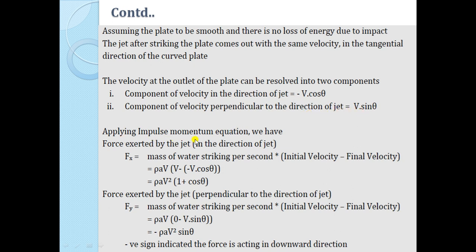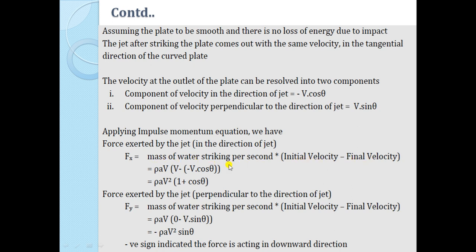If we apply the impulse momentum equation, the force exerted by the jet in the direction of the jet is the mass of water striking per second into initial velocity minus final velocity. According to the impulse momentum equation, the impulse of a force is given by the change in momentum, which is the mass of water striking per second into the change in velocity.